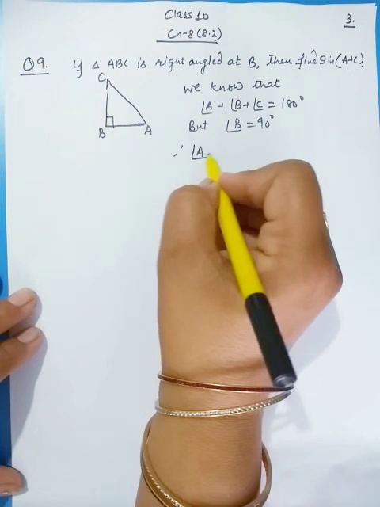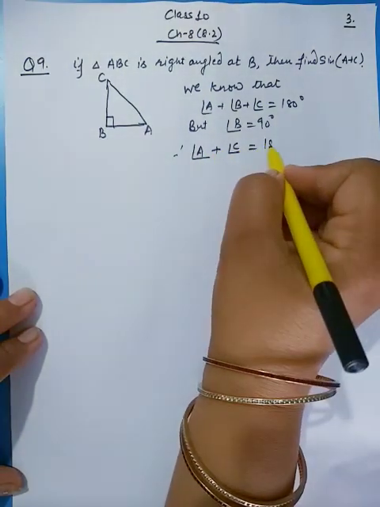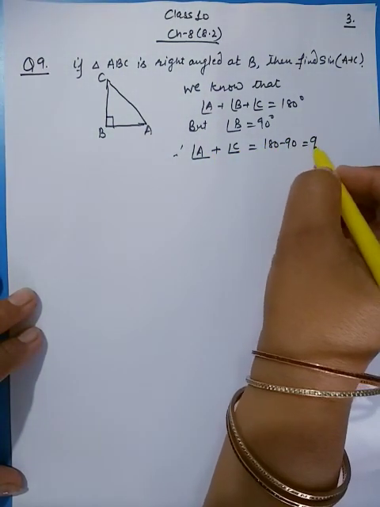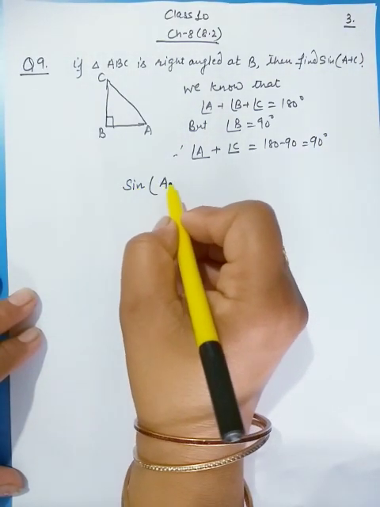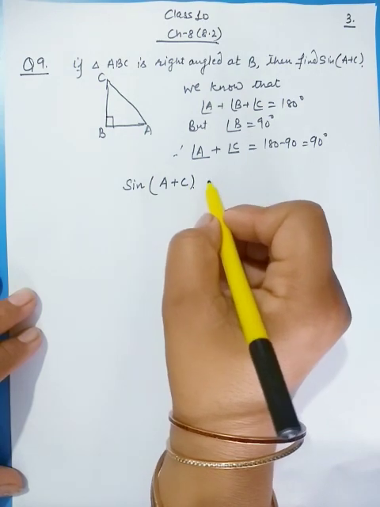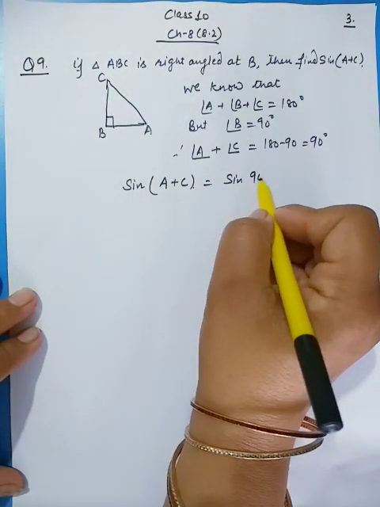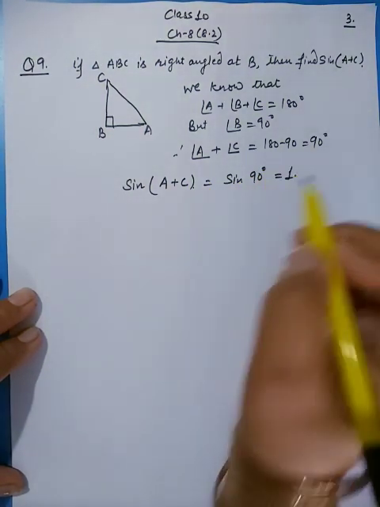So therefore angle A plus angle C will be 180 minus 90 is equal to 90 degree. So we have to find the value of sine 90, and sine 90 is 1.